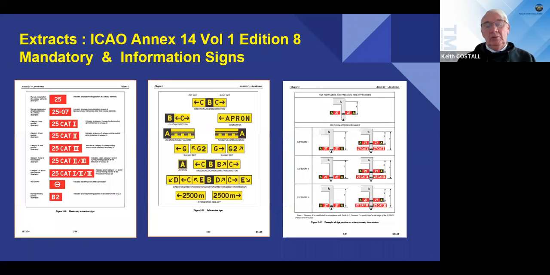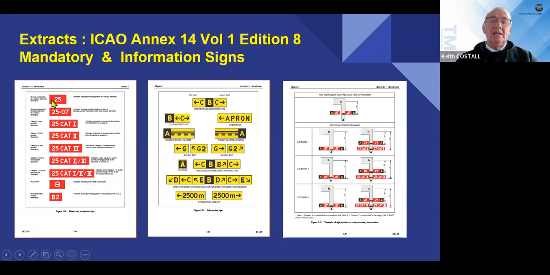Moving onwards to look at the different types of signs, as I said, mandatory signs, red and white, and advisory signs, which are yellow and black or black and yellow. You'll see from here I've just extracted out of Annex 14 a diagram which shows all the various different types of mandatory guidance signs.